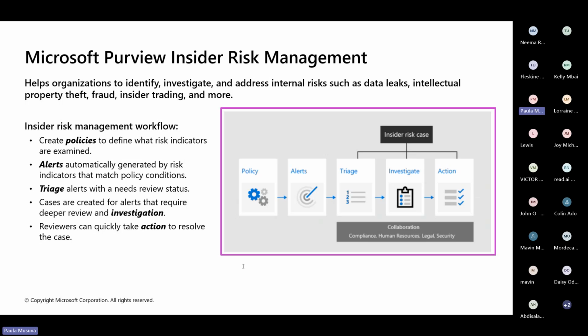So cases are created for investigation so that people look at the details, and then the investigated cases are matched with some actions that need to be taken. So action taken in order to do what? Resolve the case. So your policies should also be careful to take into consideration risk indicators associated with insiders.